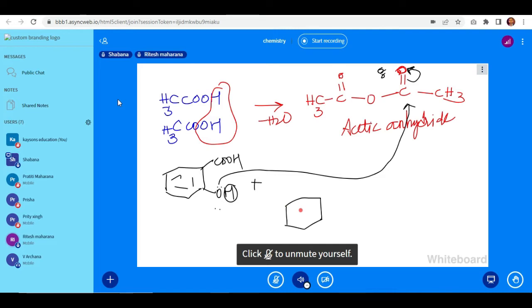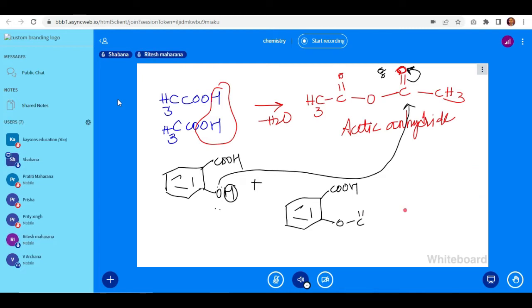With this, what forms? At last you will be getting OCOCH3. Carbon is attaching to the oxygen. Because the bond is broken, it becomes OH, then CH3 is already there.